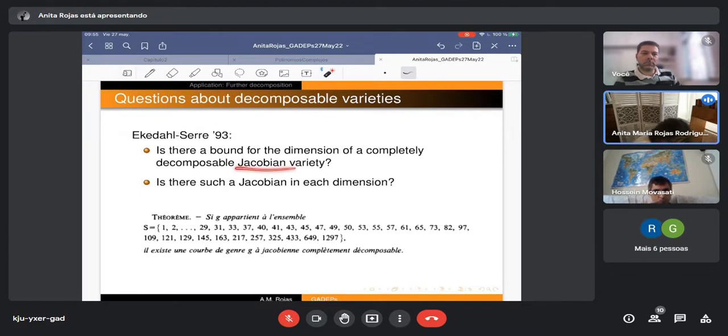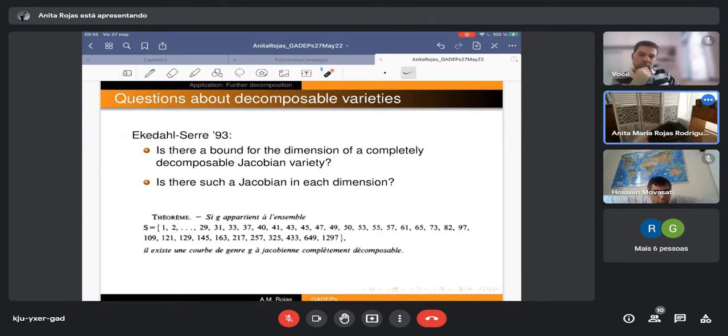Remember that that means that the Jacobian variety is a product of elliptic curves as a complex torus. It is still unknown if those kinds of Jacobian varieties stop appearing in some high dimension. And another question is if there is such a Jacobian variety for each dimension.